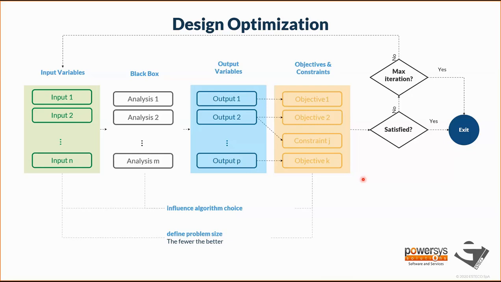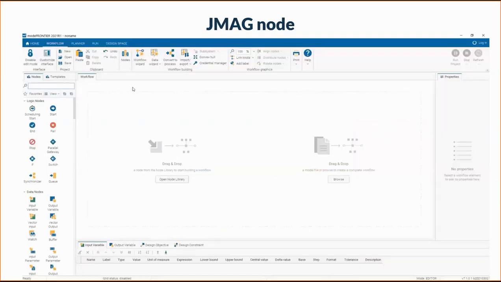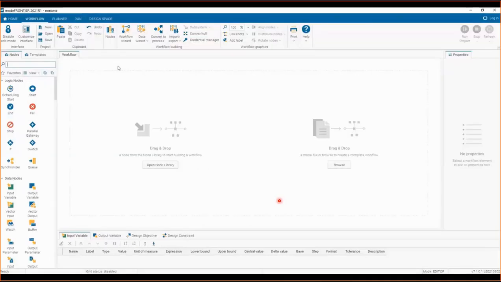Now, coming back to the problem at hand, we used a JMAG simulation that Dheeraj just explained to simulate the synchronous reluctance machine. There is a JMAG direct integration node available in the modeFRONTIER platform that helps you connect to the simulation model that you have built in JMAG. This video shows how that can be coupled with modeFRONTIER.